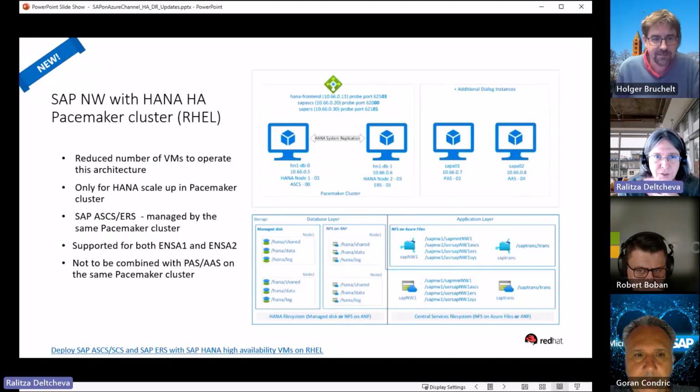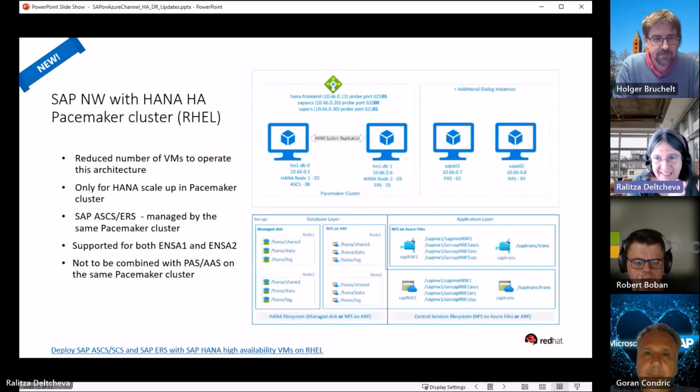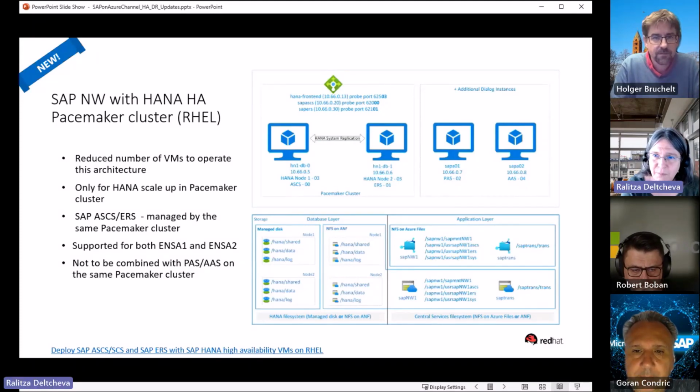reference architecture again aims to reduce the number of virtual machines that are needed, but it achieves that in a little bit of a different way. So with this configuration, you run in a single Pacemaker cluster, both your central services and HANA scale-up.